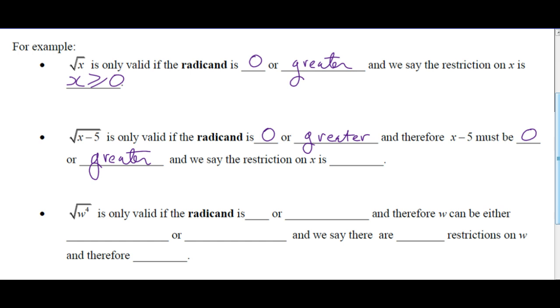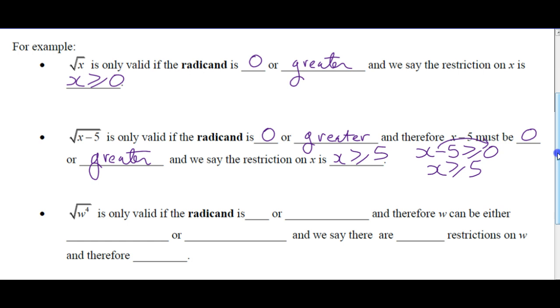And we say the restriction on x, so we know that x minus 5 has to be greater than or equal to 0. So what can we say about x? Greater than or equal to 5, right? We're going to add 5 to both sides. Okay, so you're going to move a negative 5 to the right side, it becomes positive 5.